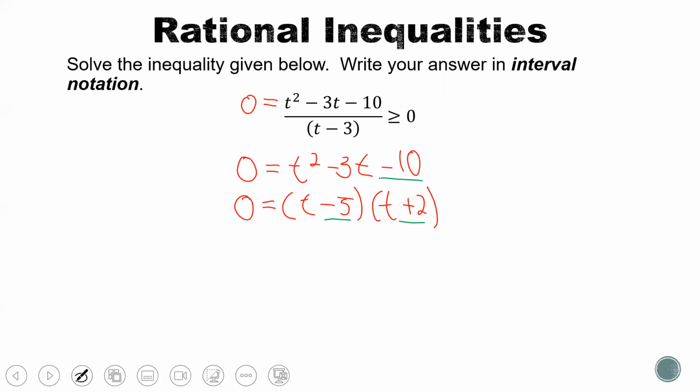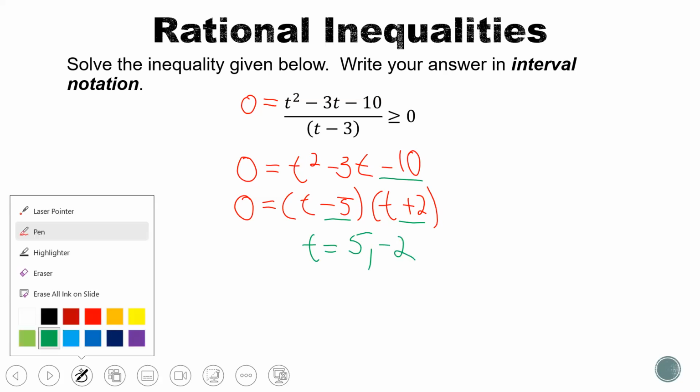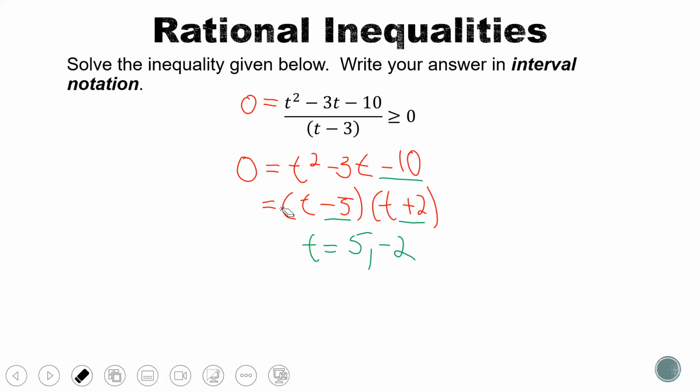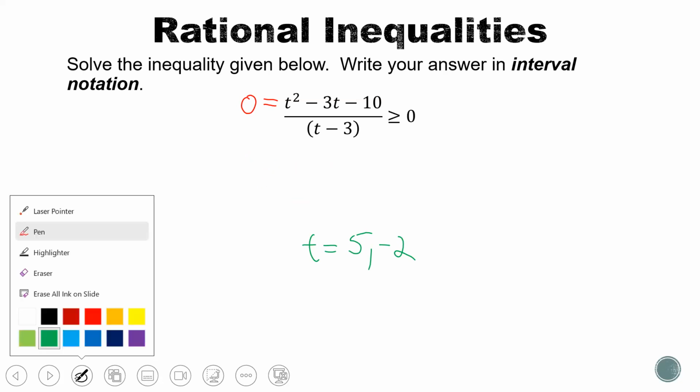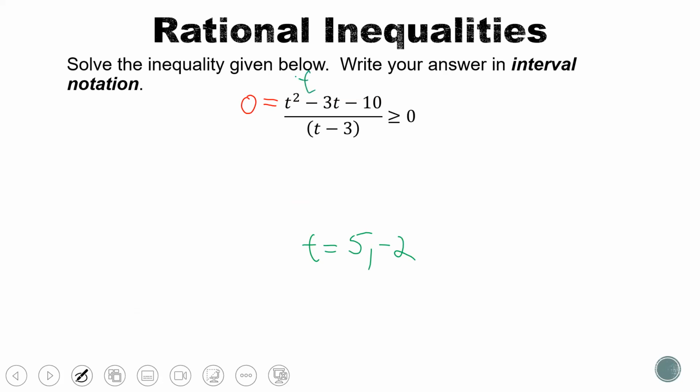And then from there, we can solve and find that we have two values of t that make this equal to 0: t equals 5, and t equals -2. So we know that those would be two of our important points for this expression, since they make the numerator equal to 0, and we would use those as we get ready to draw a number line.